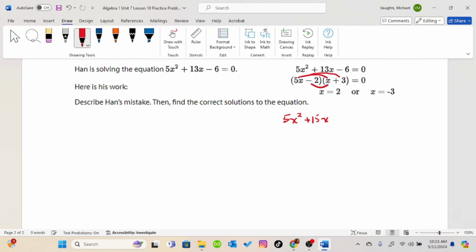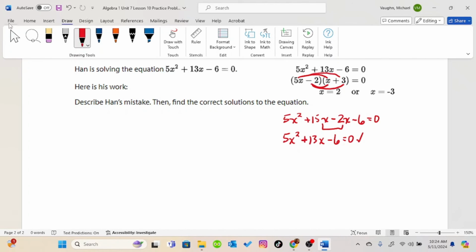Negative 2 times x would be minus 2x, and negative 2 times 3 would be minus 6. We combine the like terms. 5x squared plus 13x minus 6 equals 0. So Han was correct in how he found the factors.